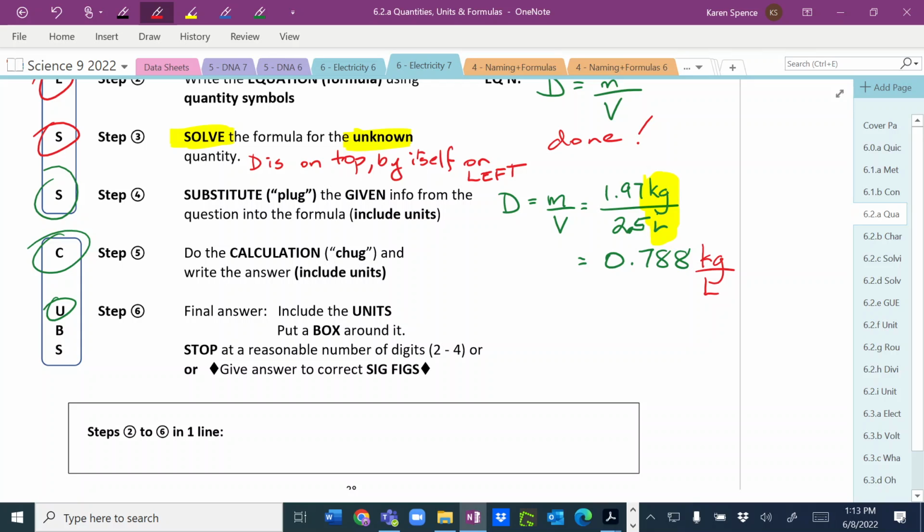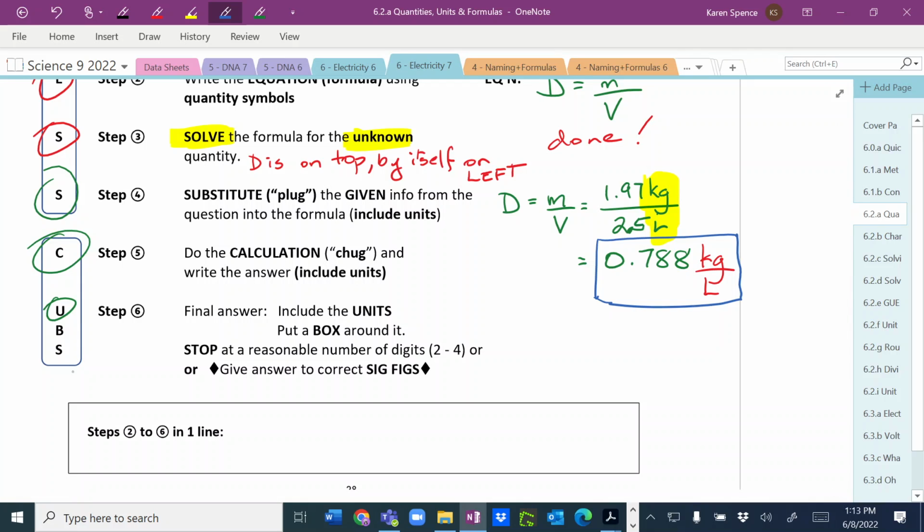So that was the U for units. B for put a box around it. And unfortunately, I would have loved to have the S up earlier on, but CUBS didn't sound like a thing, so I put the S at the end.